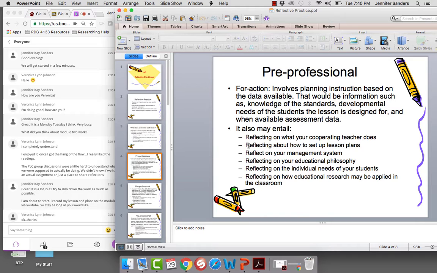And so I've given you some details of what for action looks like and what it would entail. You actually are starting to look at your educational philosophy and thinking about that. You're looking at your management system. I'll tell you, your first years in the classroom are going to be spent working on classroom management.